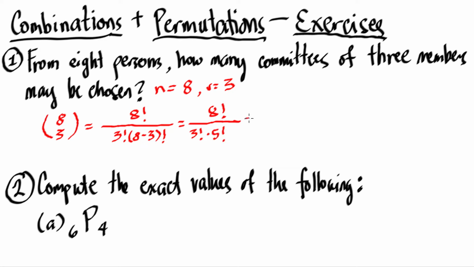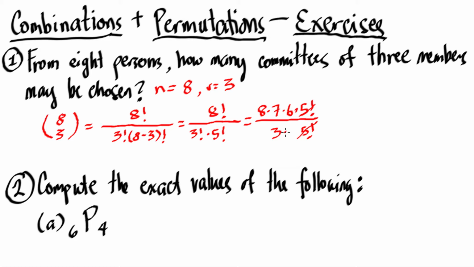Now let's extend 8 factorial using the definition of a factorial: 8 times 7 times 6 times 5 factorial. Why did we stop at 5, sir? Because we can cancel the 5 factorial with the 5 factorial above.